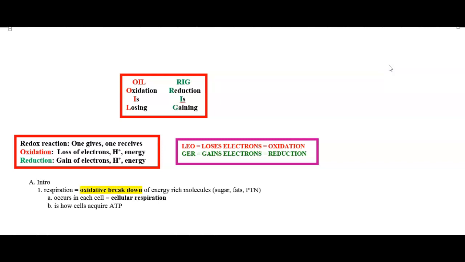Respiration is going to be oxidative breakdown. Glucose is the number one molecule that's going to be used, but we will see that we can actually use fats and proteins. It goes in each cell, and that's how we're going to be making the ATP.